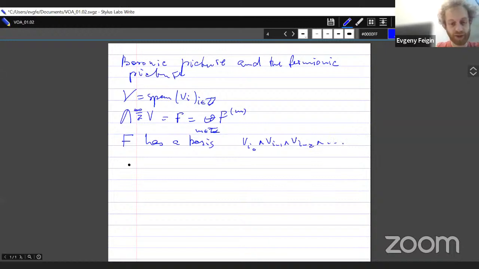In particular, we have a special vector m, which is v_m wedge v_{m-1} and so on.